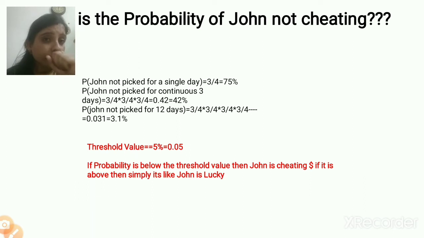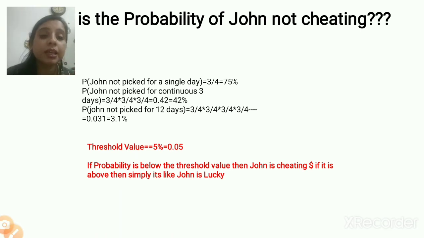Now, when the threshold value is 0.05, we can say that if the probability we are getting is below the threshold value, then John is cheating. And if it is above the threshold value, then John is not cheating and he is simply lucky.